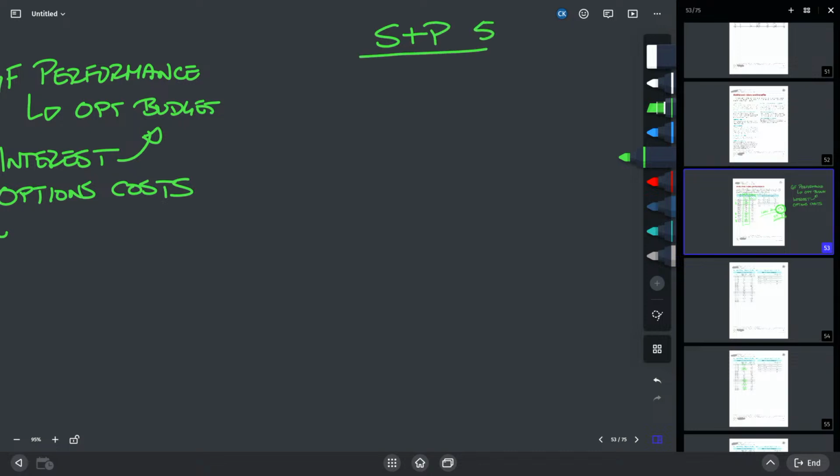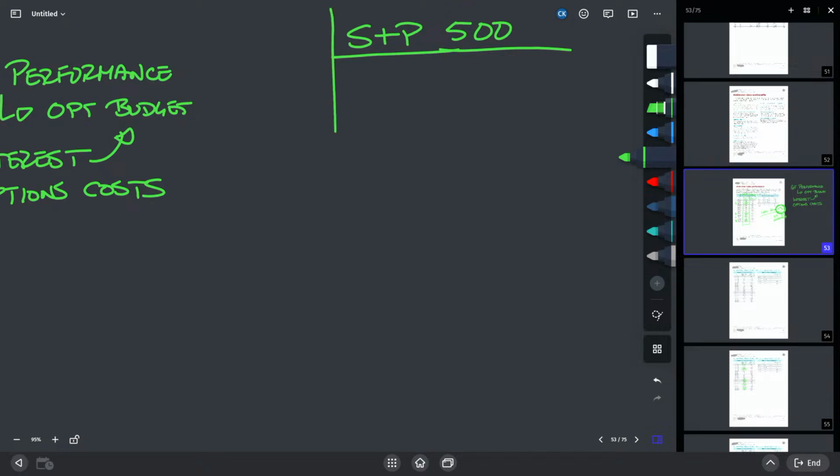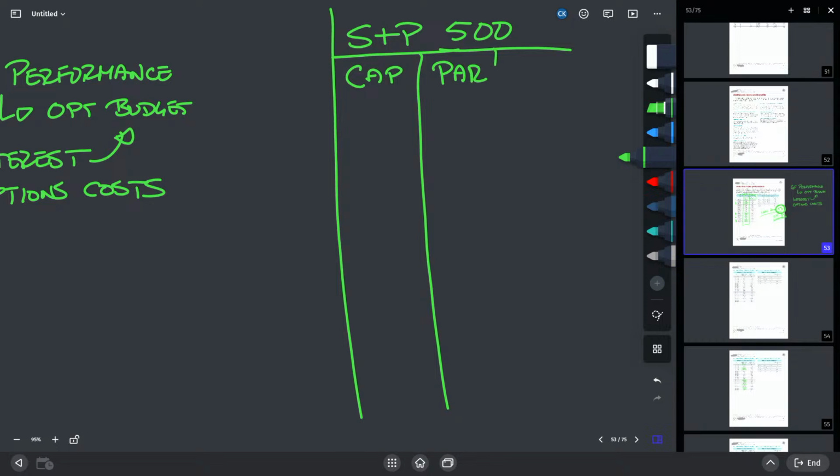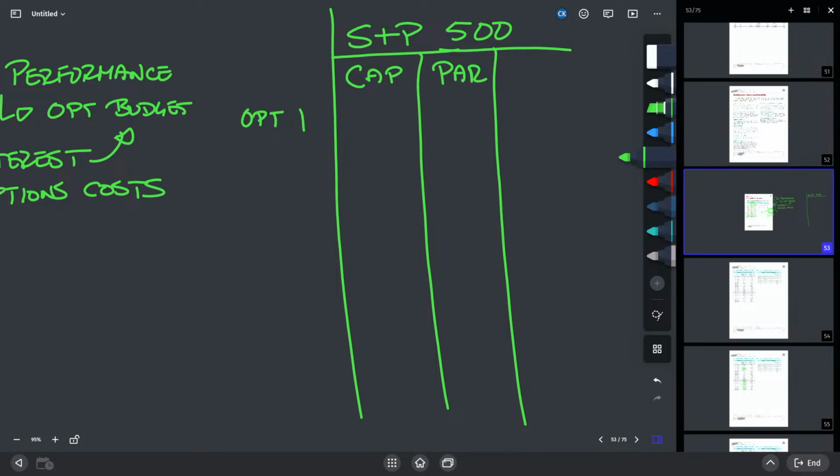S&P 500, okay? We could have different options. Let's say you have a cap rate, you have a par rate, a participation rate. Maybe there's no cap. So let's just say option 1: you have no cap, so there's no cap.